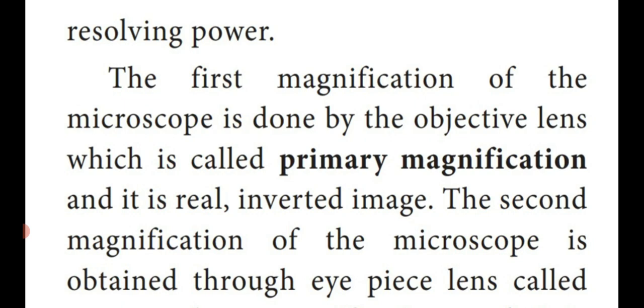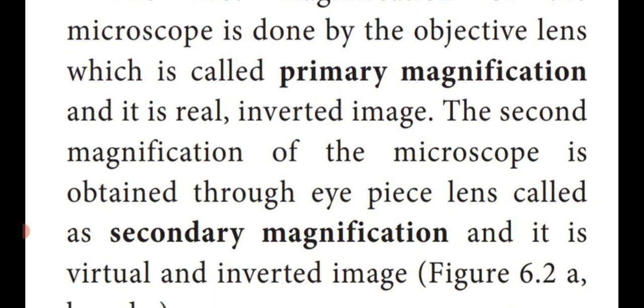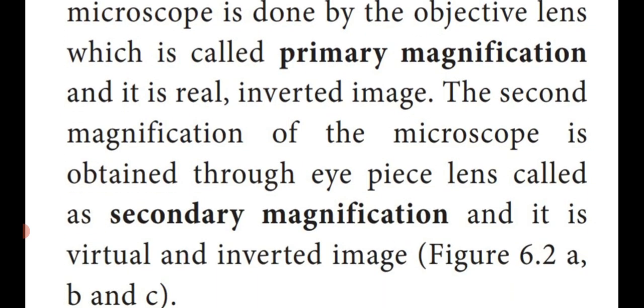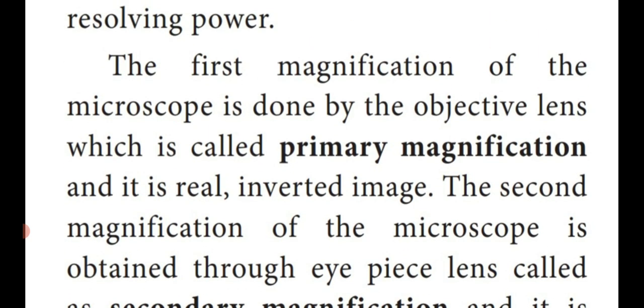The second magnification takes place through the eyepiece lens, called secondary magnification, and the image is virtual and also inverted. So these are the two magnifications which take place in the bright field microscope.